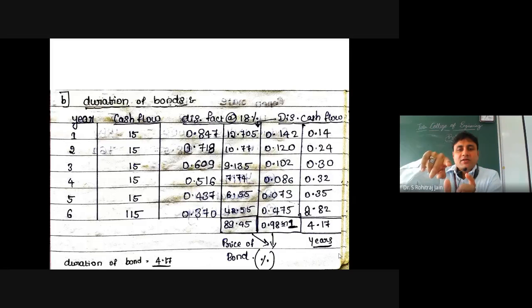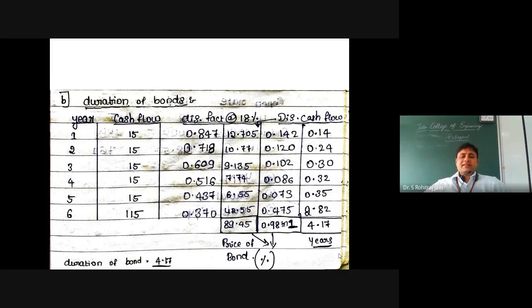Similarly, 10.77 divided by 89.45, I get 0.12. Similarly, 9.135 divided by 89.45, I get 0.102. Similarly, 7.74 divided by 89.45, I get 0.086. Similarly, 6.55 divided by 89.45, I get 0.073.